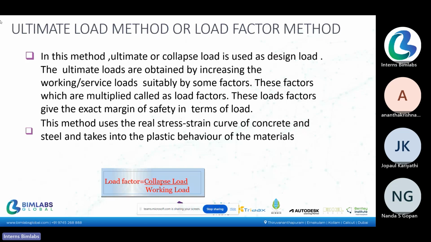And the last point, this method uses the real stress strain curve of concrete and steel and takes into account the plastic behavior of the material. In the bottom you can see the load factor equals the collapse load divided by the working load. I hope you understand this much.